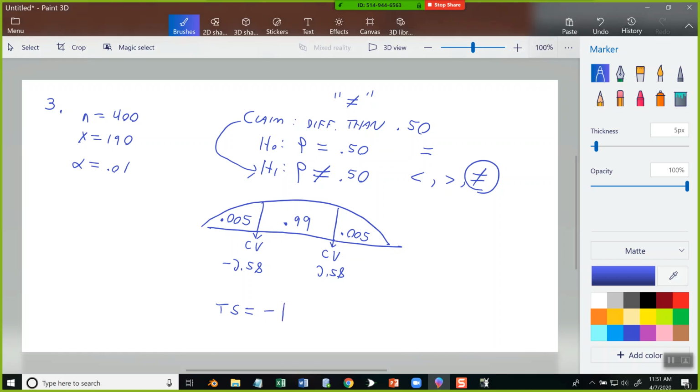Okay, now that's the number line. This is -2.58. This is positive 2.58. Over here, remember, is like -3. Over here is a positive 3. In the middle here is any value between -2.58 and positive 2.58. -1 will fall in the main body here because -1 is actually greater than -2.58.